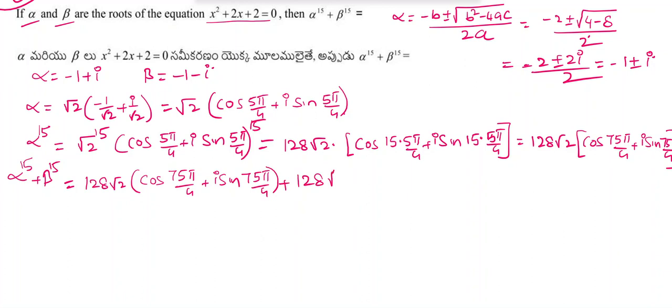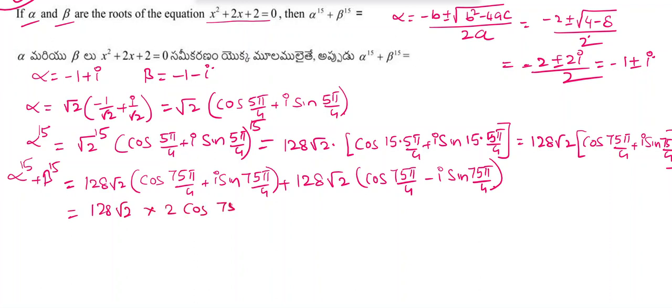This is 128 root 2 into cos 75 pi by 4 minus i sine 75 pi by 4. Here i sine 75 pi by 4 cancels. That is 128 root 2 into 2 cos 75 pi by 4. That is equal to 256 root 2 into cos 75 pi by 4.